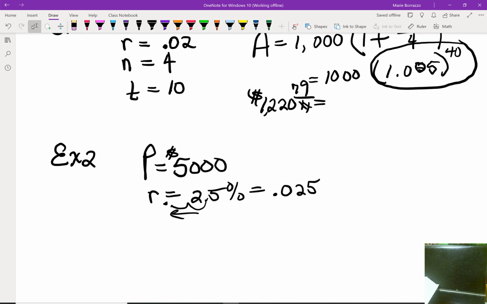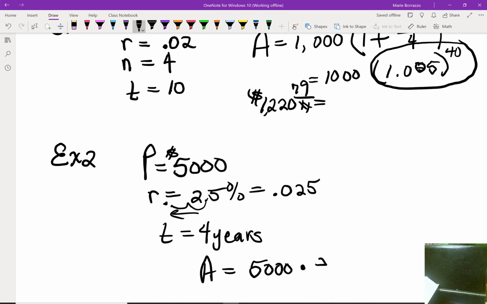They also tell us in this case that time is equal to 4 years, and that is stated in the question. And so if we apply the PERT formula, A is equal to 5,000 times e raised to the 0.025 times 4.